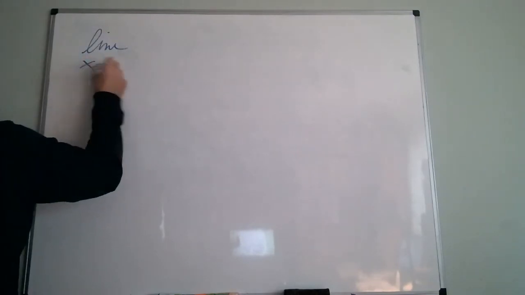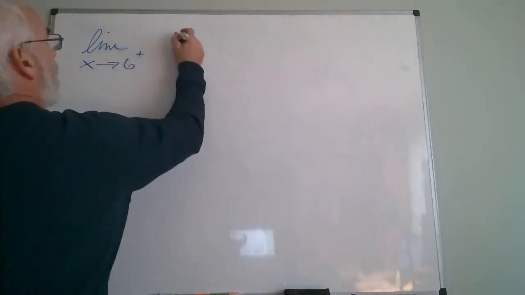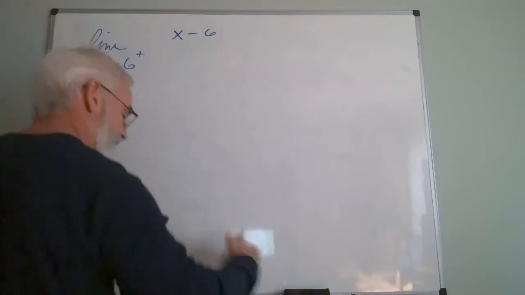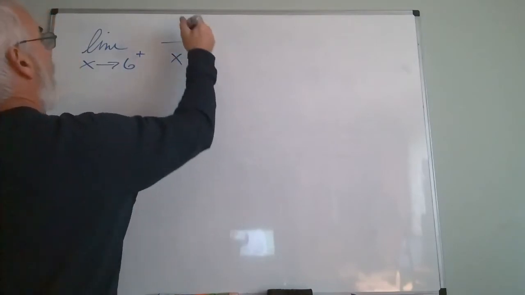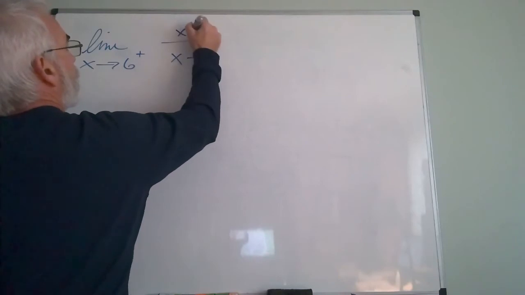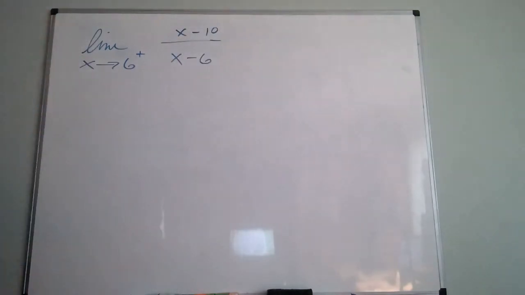So suppose I wanted to take the limit as x approaches 6 from the right of, let's keep it simple, x minus 10 on top, and on the bottom, x minus 6.